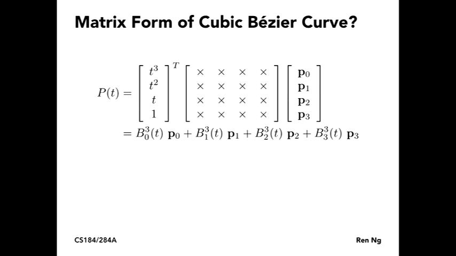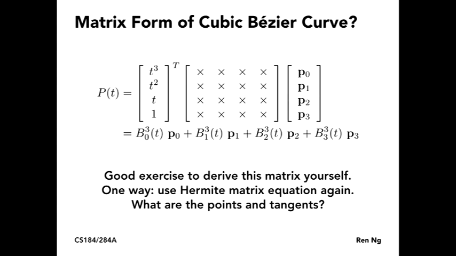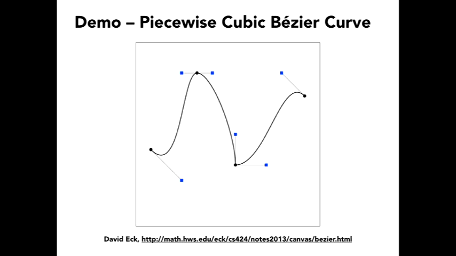And I said then it's a good exercise to derive this matrix form that we've done for the other 2 splines that we looked at, and I gave you a little demo. Okay, so that's where we ended up with cubic Bezier curves.